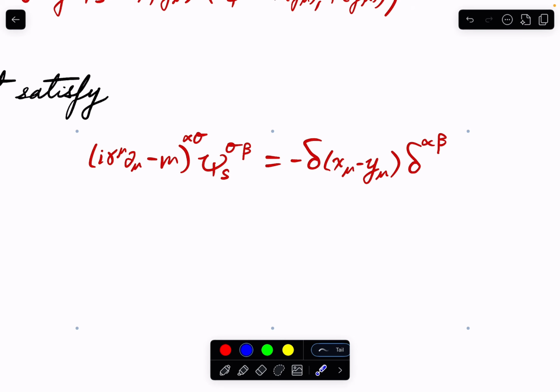You can think of it as the Kronecker delta, such that if alpha and beta are not equal, then this will be 0. But as we're basically summing over all the indices of the matrix, this is the identity matrix.